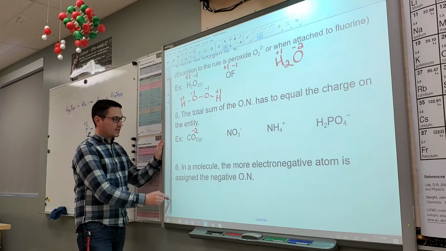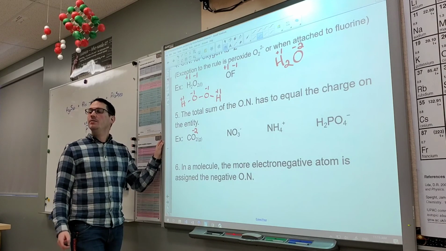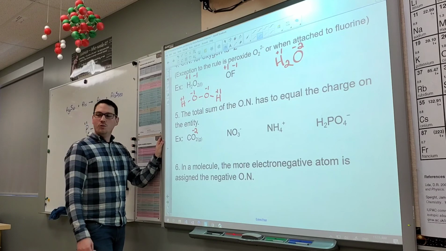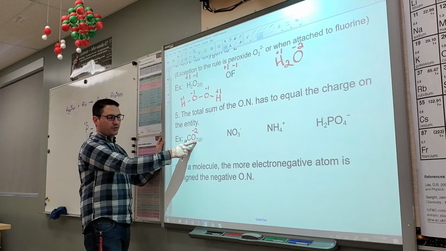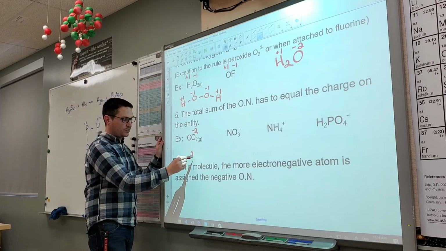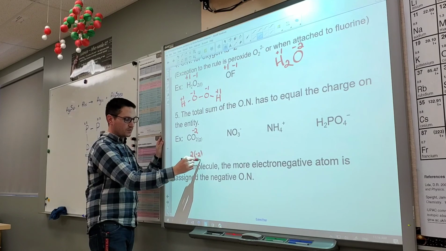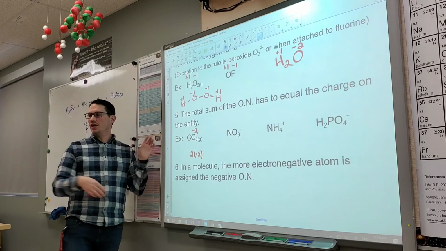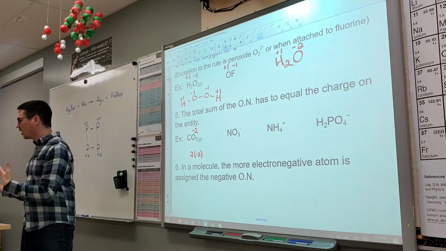Now, let's think about this. There's going to be a little bit of math, so just try and follow along. We know that there's 2 -2s in this molecule. Do we know what the oxidation state of the carbon is? Have we learned a rule for the carbon yet?